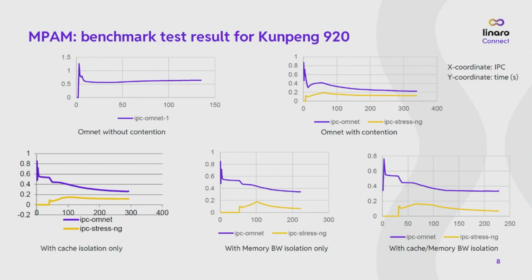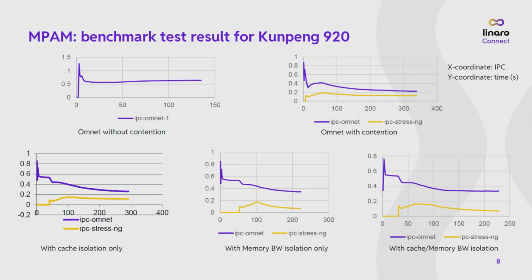So we add some MPAM features on top of that. The first one is cache isolation only, and you can see that the IPC increased a little bit, as we isolate stress-ng from the cache. The time to finish is about 300 seconds, which is a little bit better.